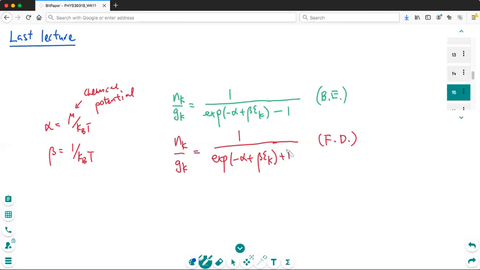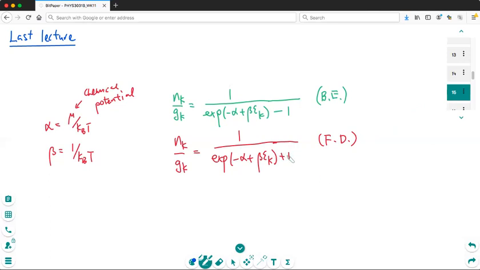There was one way to do that, and the other way is to argue that in the dilute limit, you simply have this ratio to be very small, and therefore this denominator has to be very large. And when this is very, very large, you don't have to worry about this tiny offset of +1 or -1. That's why you get your Boltzmann factor again.